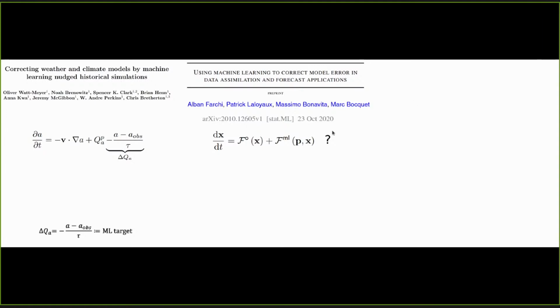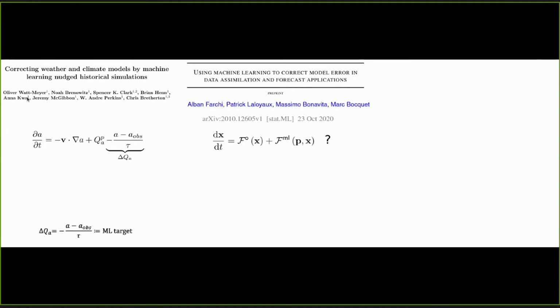In, I think, episode 18 it was, we looked at a line of work from Marc Bocquet et al., where they tried to learn dynamics models from scratch from data. But one thing that the same group has recently picked up in a couple of their publications is this structure where they have a baseline model, in their notation f0 of x, and then they try to learn a machine learning correction to that.